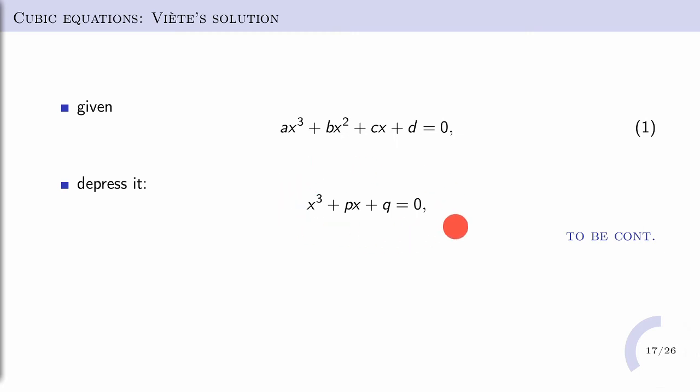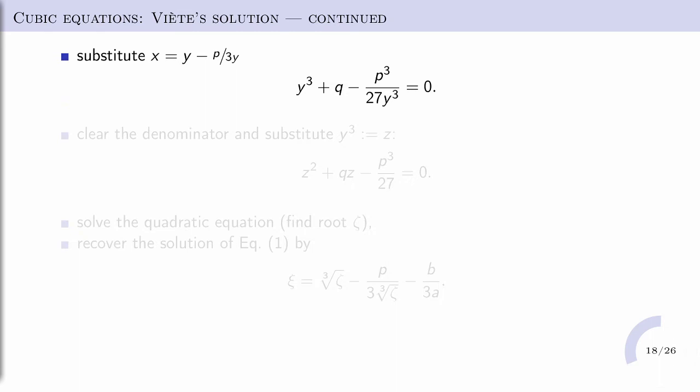Of course, we can calculate p and q just by doing this substitution. Now, we want to use another substitution. In place of x, we substitute y minus p over 3y.